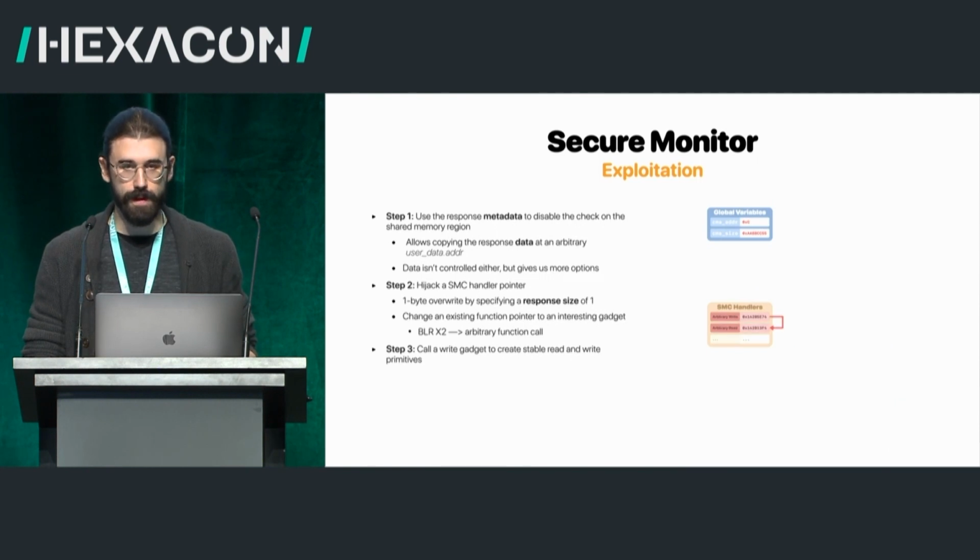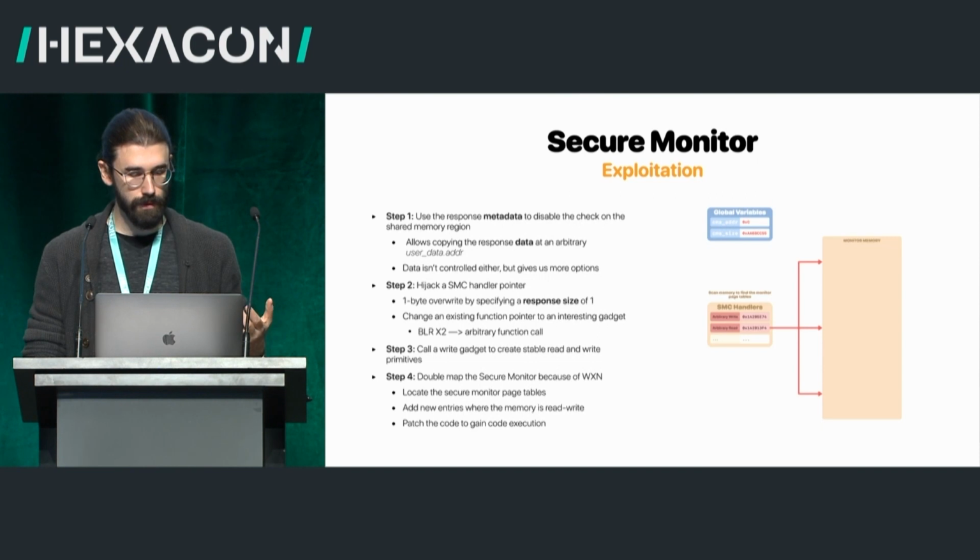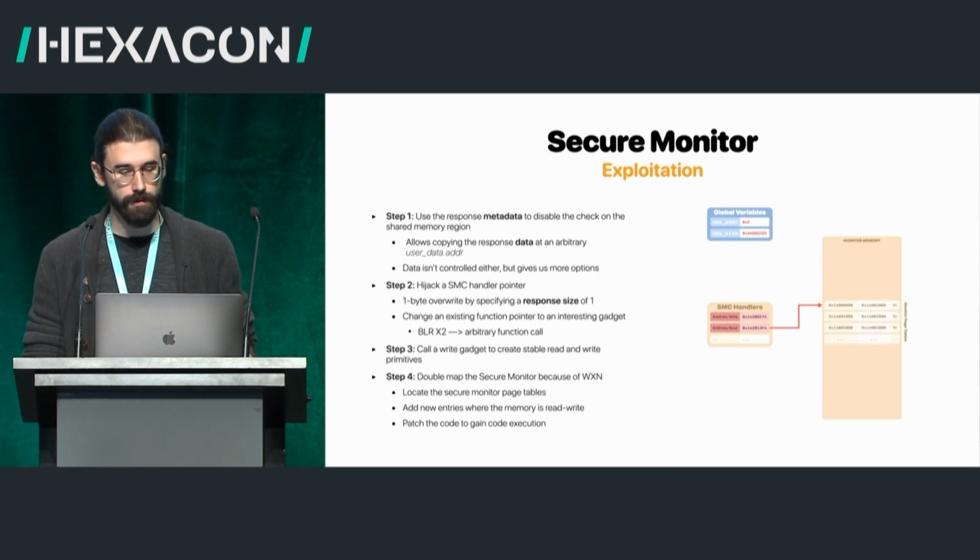Once we have that, to continue the exploit, we are going to double map the secure monitor because WXN is enabled. To do this, we are first going to locate the page tables of the secure monitor. Then we are going to use our write primitive to add entries into the secure tables that remap the secure monitor as read-write.